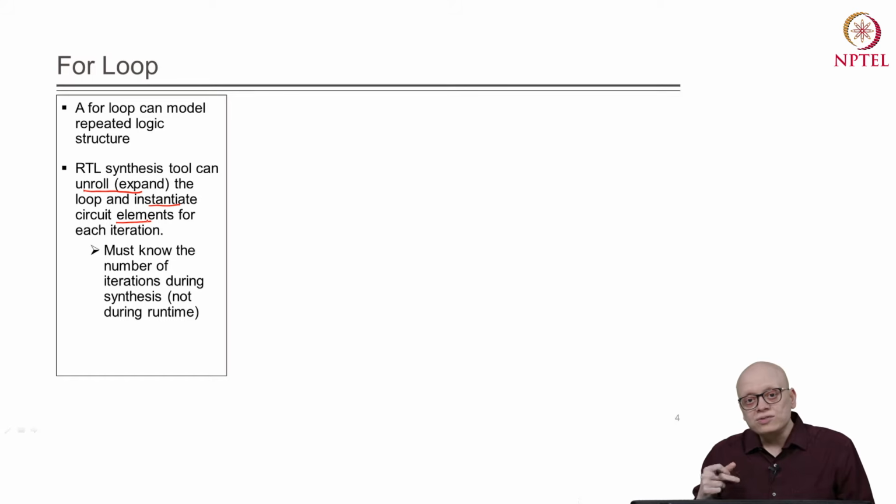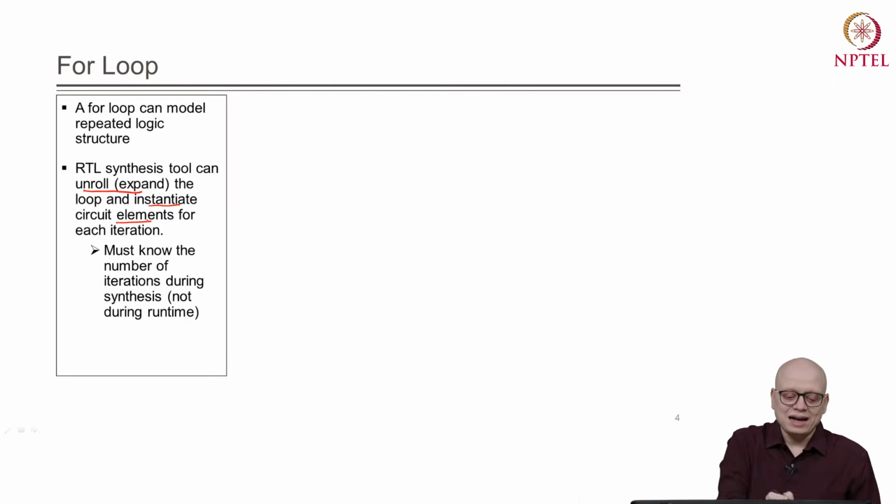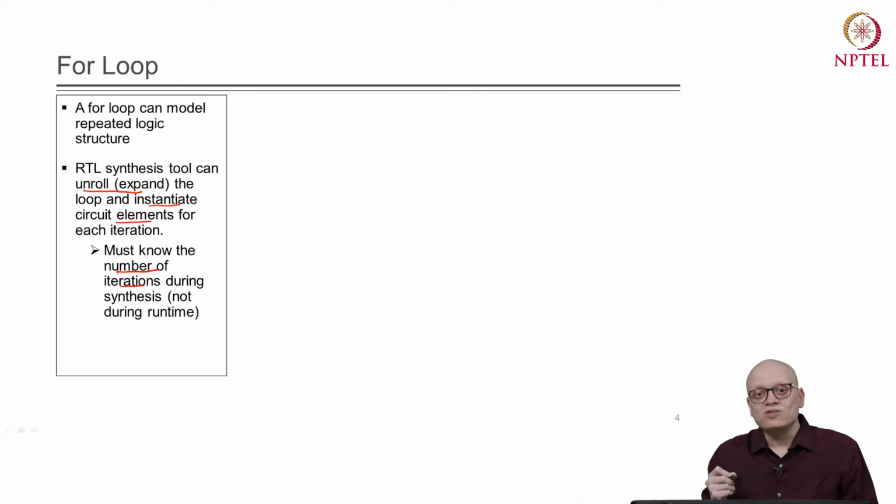Now, if the tool wants to unroll the for loop and instantiate the hardware, what it must know during synthesis is how many iterations there are. So, the loop count should be a constant, then only the RTL synthesis tool can synthesize it.